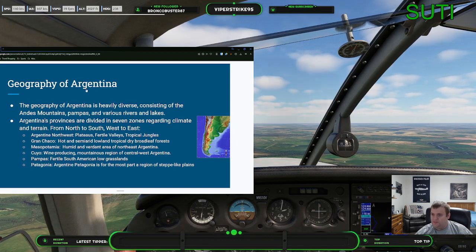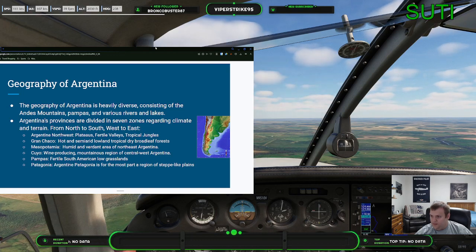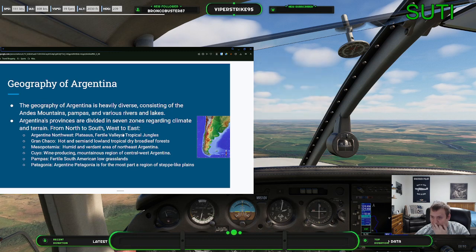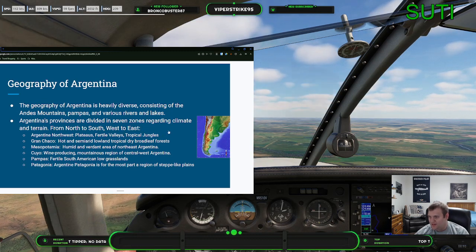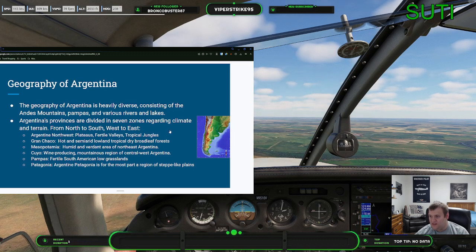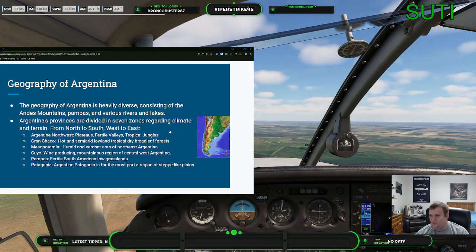In terms of other parts of Argentina, Argentina has quite a lot of hills and mountains as well. The tallest point in Argentina is Cerro Aconcagua, which is around 6,960 meters, and it's the highest mountain in the Americas and the highest in the Western Hemisphere.